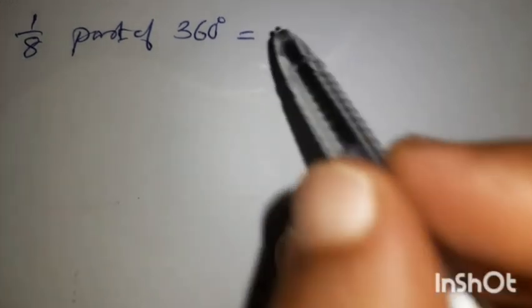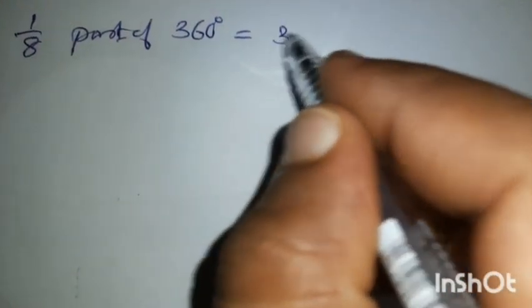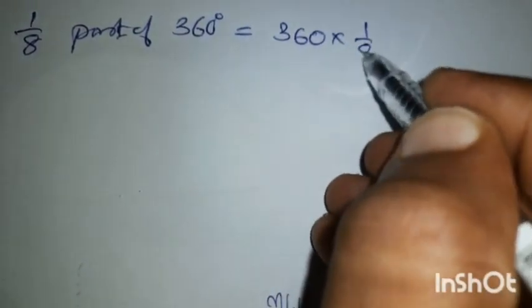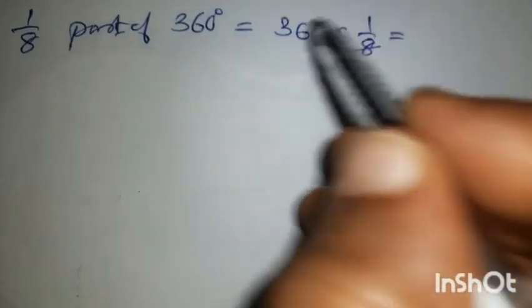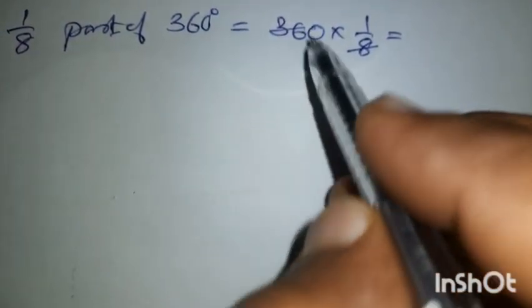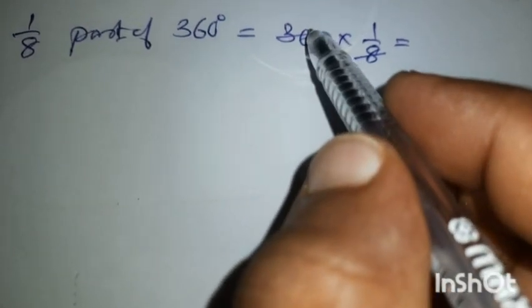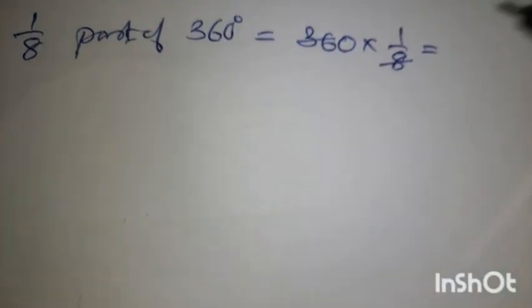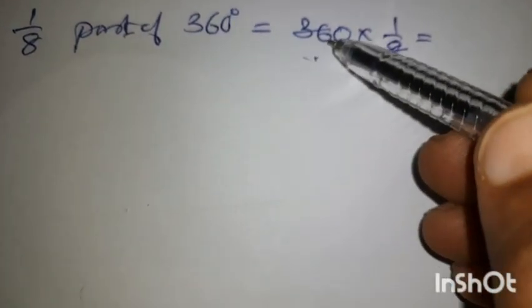So 1 by 8th part of 360. That means 360 into 1 by 8. 8 4s are 32 and remaining 4.